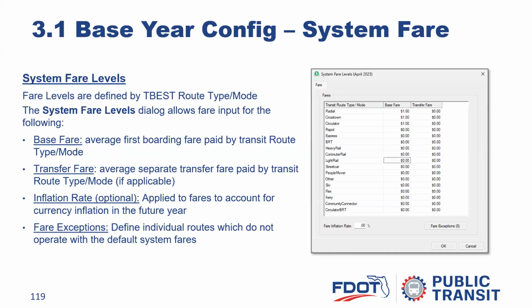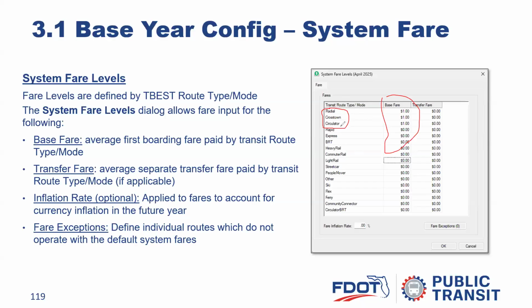So part of this is just evaluating what's in that transit system, looking at the fares, and then inputting what's actually current. In this case, we have a base fare that's set for radial, crosstown, and circulator, right? So those are the only route types. There are no premium modes in this transit system.